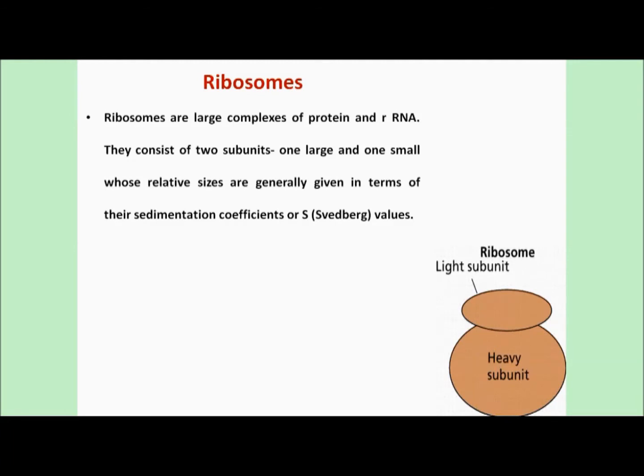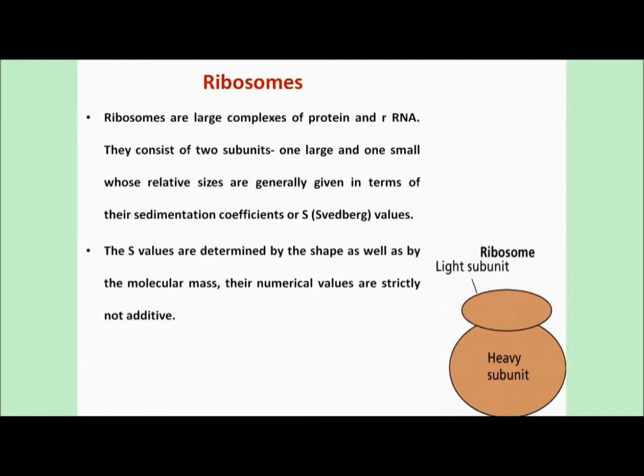They have 2 subunits, one large and one small, whose relative sizes are given in terms of their sedimentation coefficient, or S value, right? The S values are determined by the shape as well as by the molecular mass of the unit.